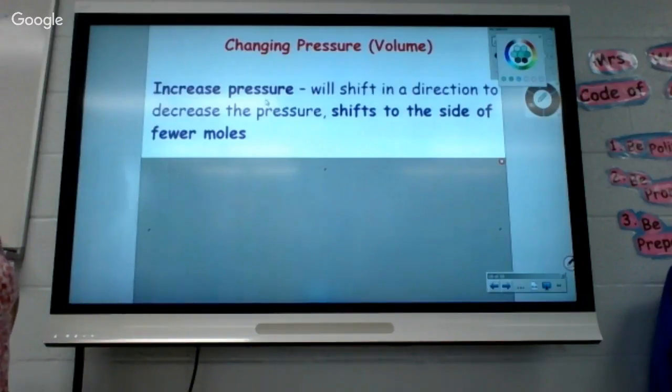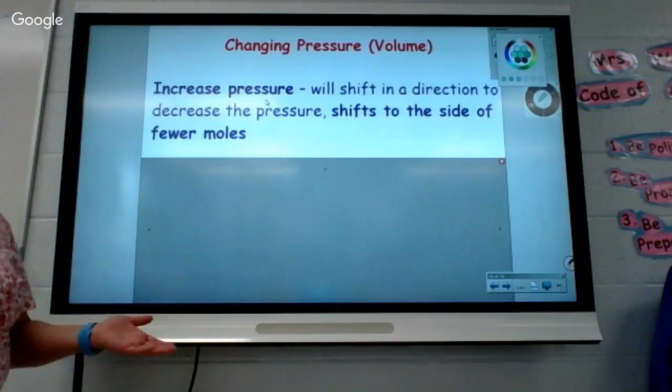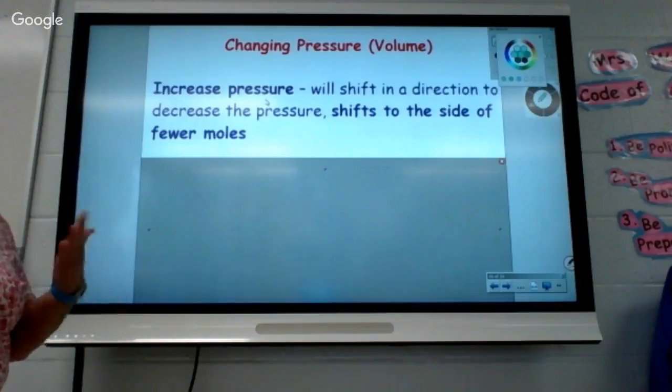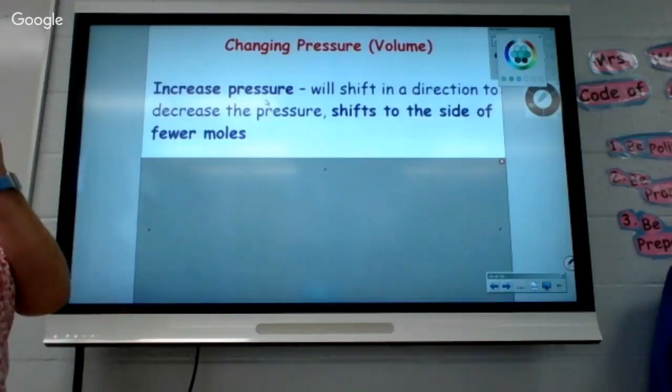Now, if we increase pressure, again, the stuff that is not bolded is the reason. The stuff that is bolded is the rule that you need to make sure you know. If we increase pressure, it will shift in a direction to decrease the pressure. Remember, we're at equilibrium. It's trying to get back to equilibrium because we just disturbed it. We came in and messed up the system, and it wants to get back to equilibrium.